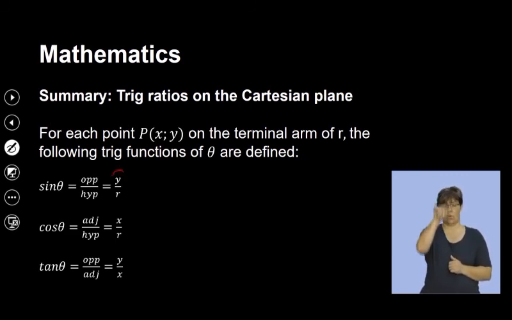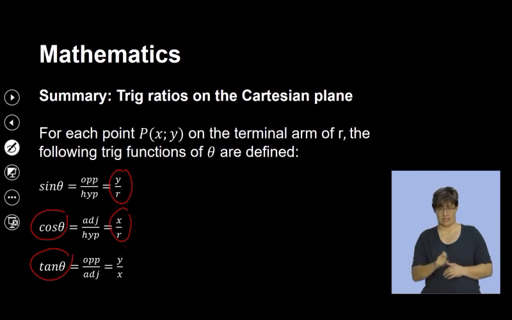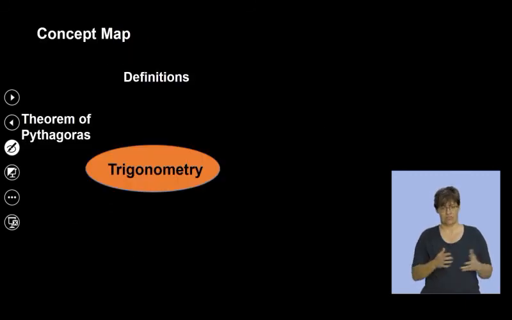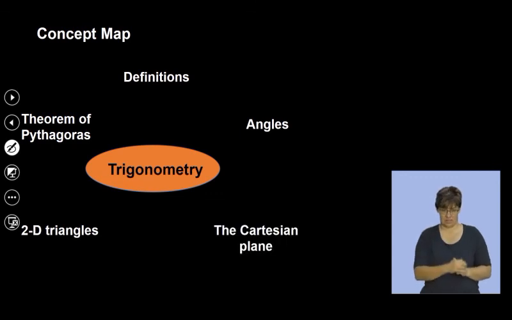Sine theta is y over r. If I say to you, define sine theta, I want you to say y over r. Define cos theta, x over r. Define tan theta, y over x. And that's what we're going to say as the definitions.